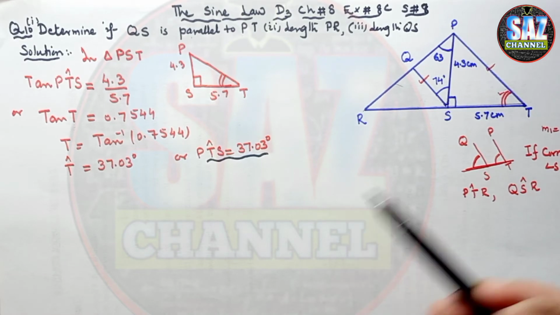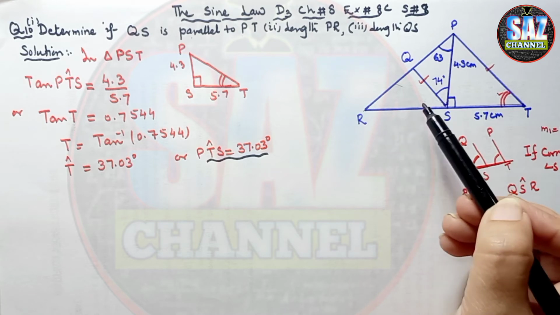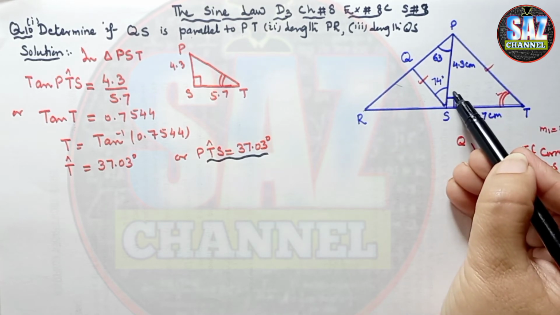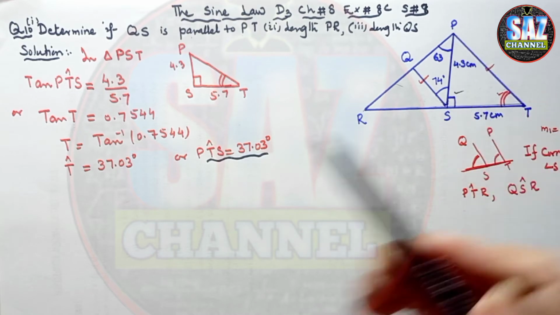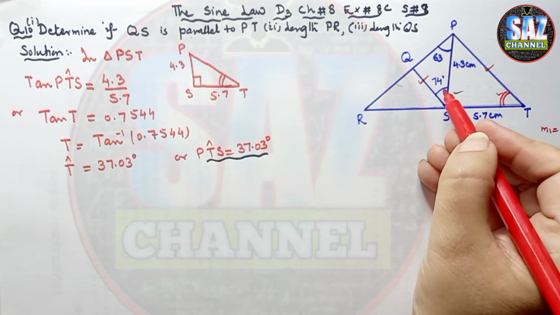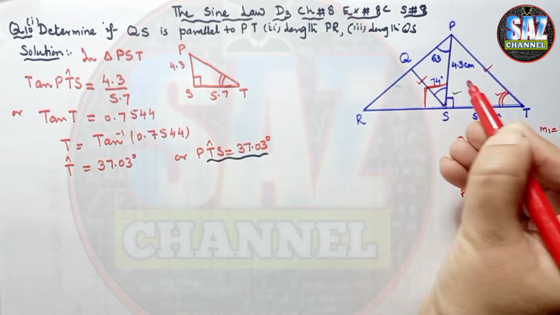And now the second angle that I have to find is QSR angle. Now think, how can we find it easily? Look over here. Due to this PS line, we have the 90-degree angle in triangle PST. It means this remaining angle complete will also be 90-degree angle.